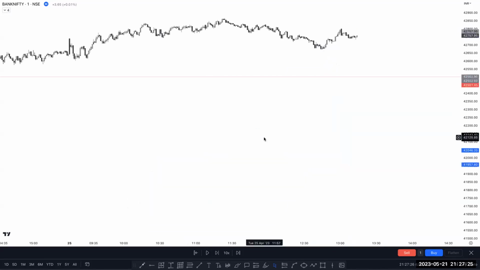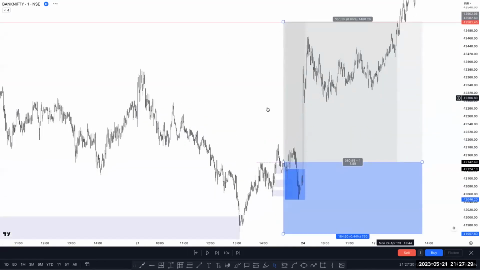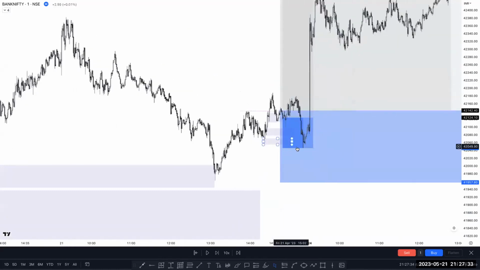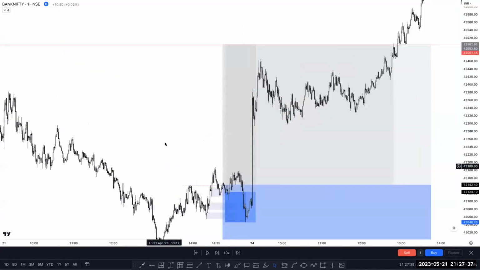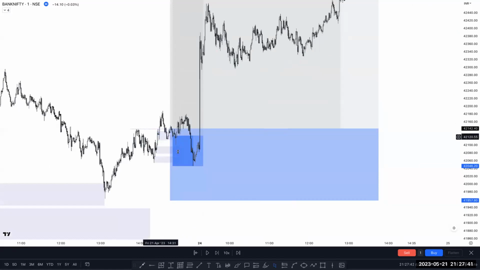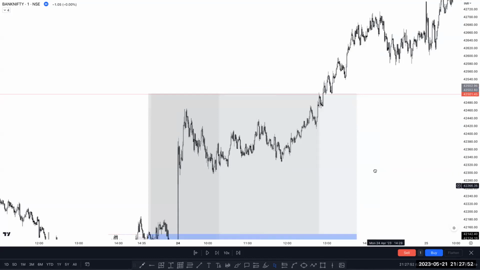This is almost nearly stop loss, almost stop loss hit, right? But this is a valid setup for the buy. When you see a setup like this, then definitely you can buy here. As per our plan, this is a valid entry for the buy, and this one is also a valid entry for the buy.